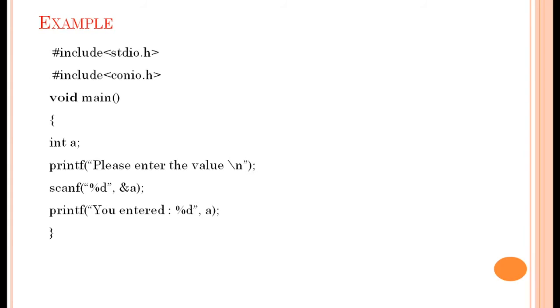By printf we can ask the user to input a value. And the next one is scanf. In scanf, the format specifier is %d, and again the variable is a. So it will read the value entered by the user and display the number as output.